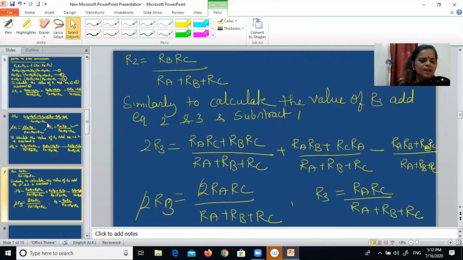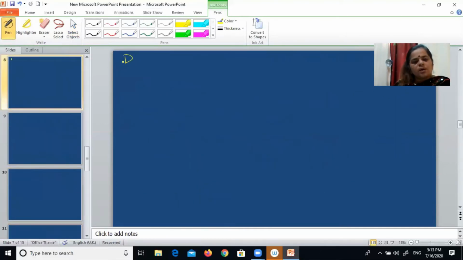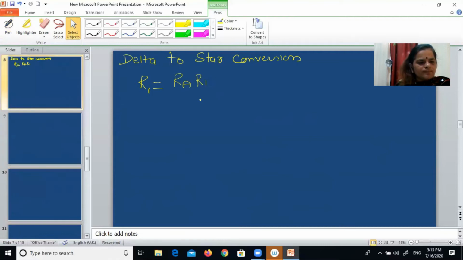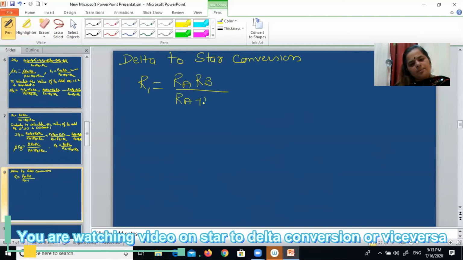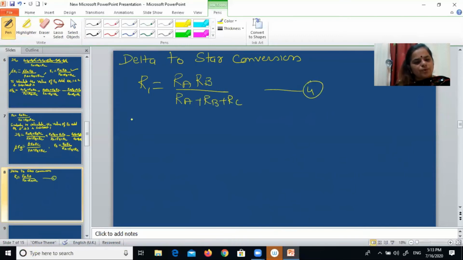So finally, the equations for delta to star: R1 is equal to RA RB divided by RA plus RB plus RC. This was equation number 4.